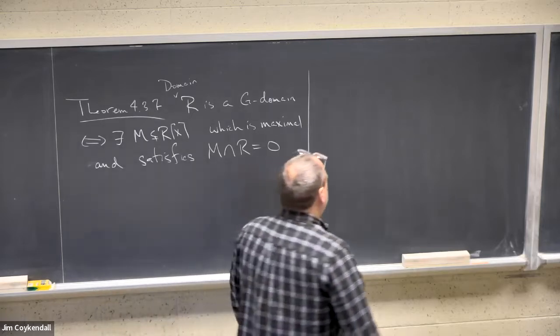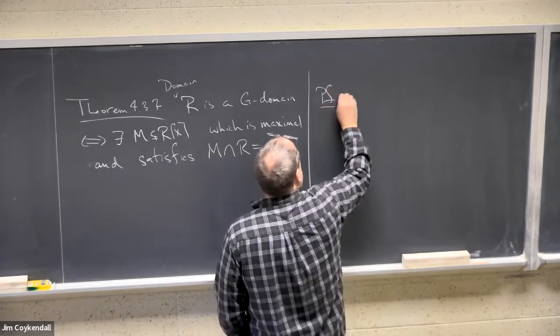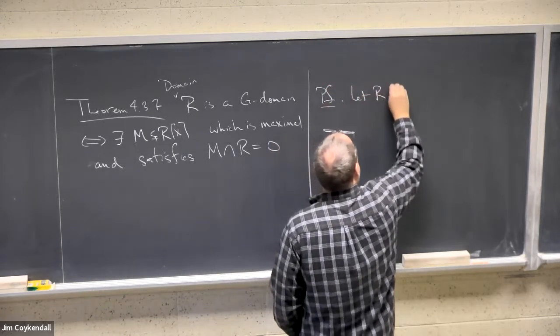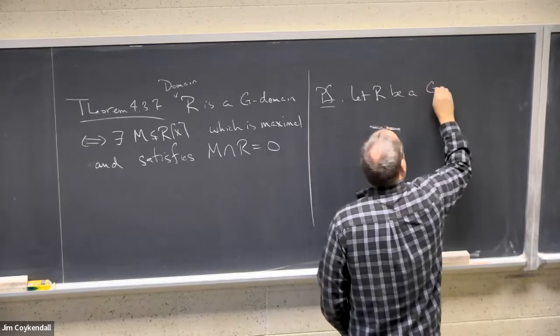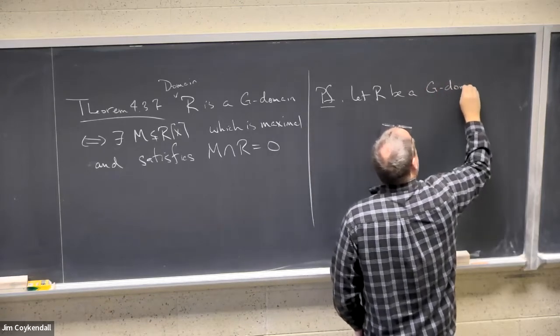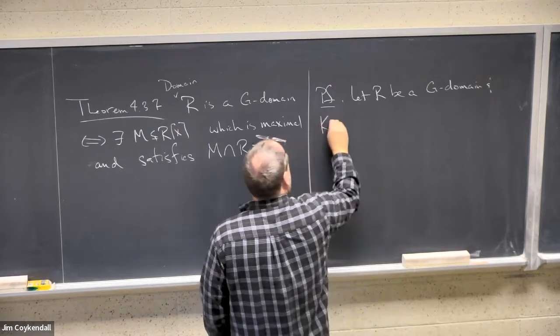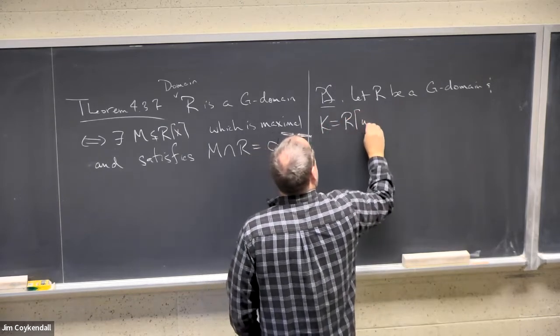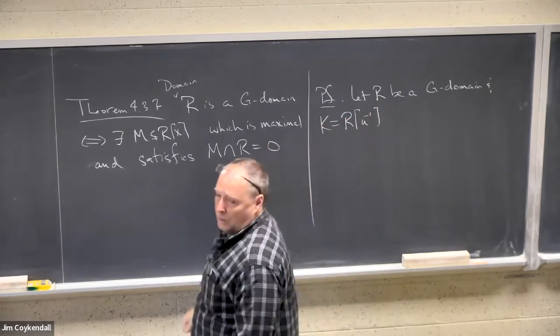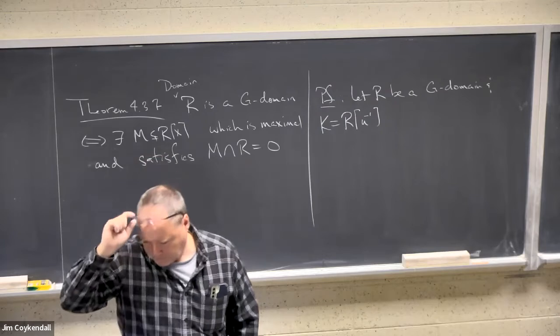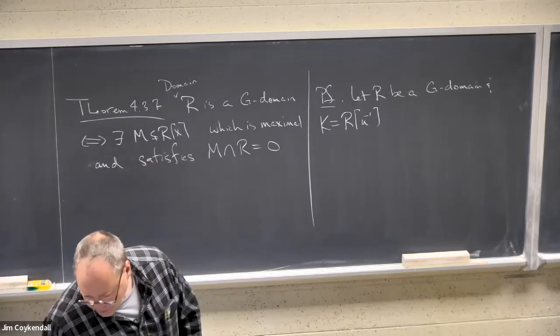Proof. Let R be a G domain, and let K, which is the quotient field of R, be R adjoined u inverse.